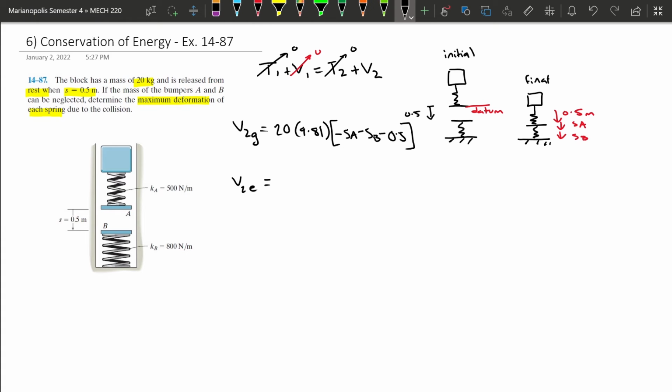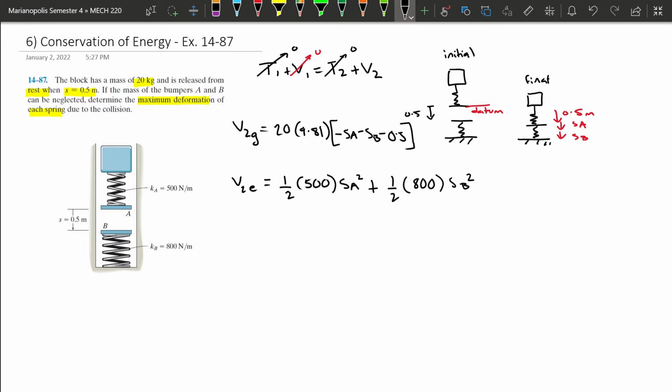And my elastic energy is just half k x squared, right? So here it's going to be half times my Ka, which is 500, times SA squared, which is our compression, plus half times Kb, which is 800, times SB squared. Awesome.